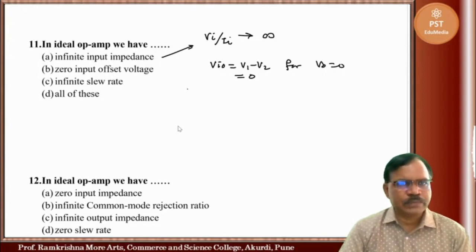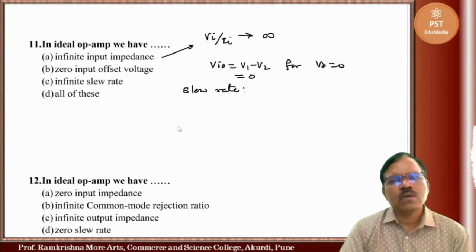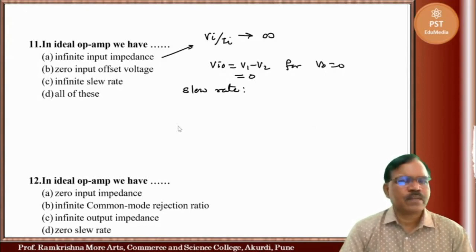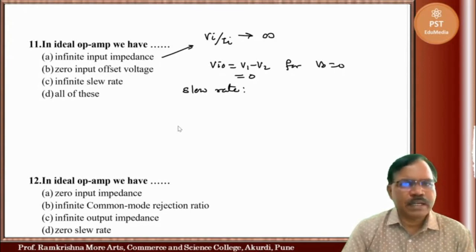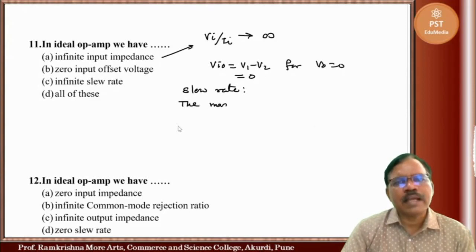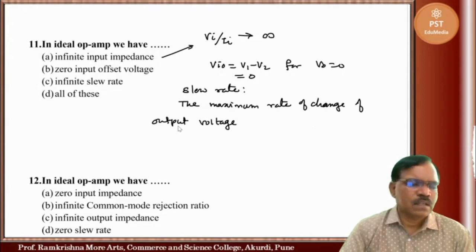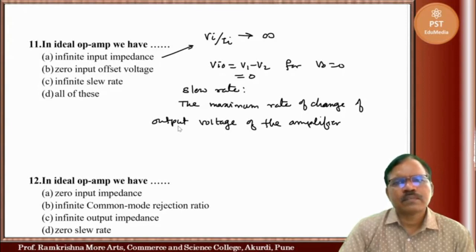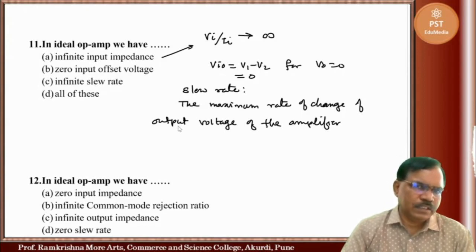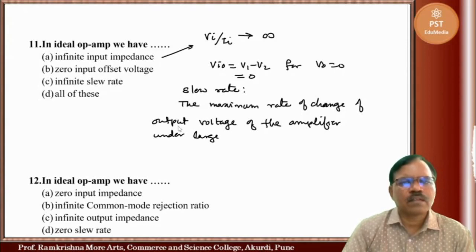Infinite slew rate. What is slew rate? Slew rate is nothing but the maximum rate of change of output voltage of the amplifier under large signal condition, and its unit is volt per microsecond.